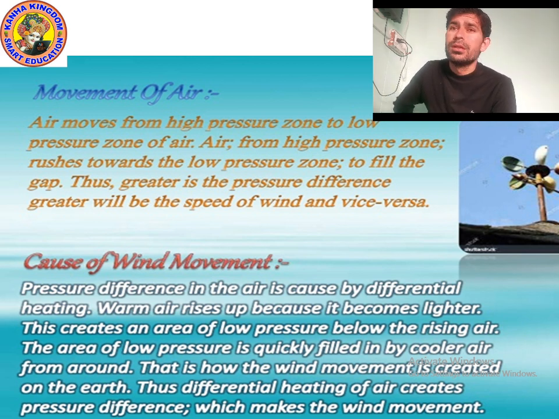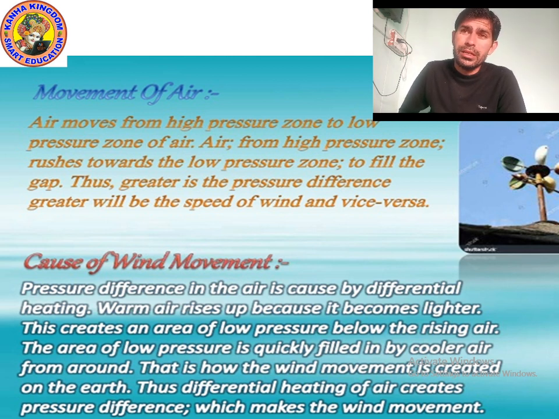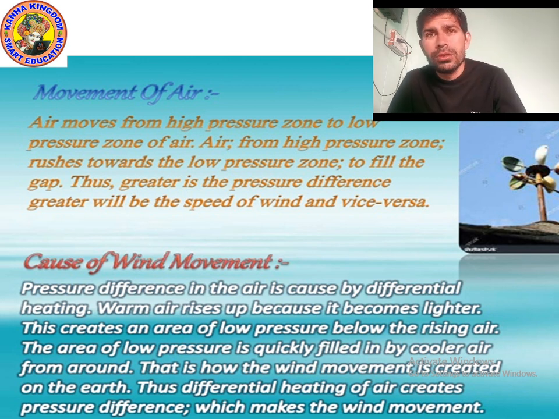Cause of wind movement: pressure difference. As you know, when the pressure difference is high, wind speed can be high, and vice versa. Pressure difference in the air is caused by differential heating.